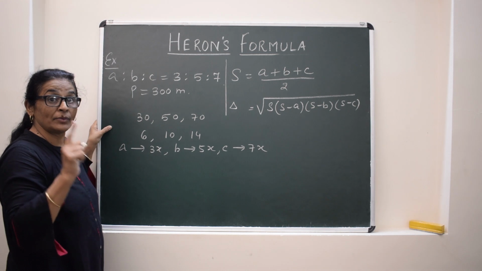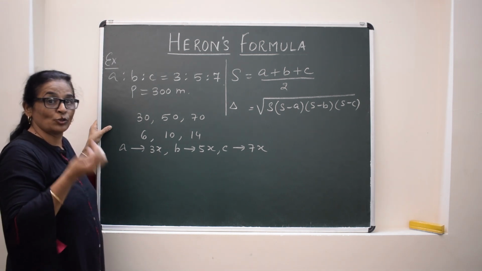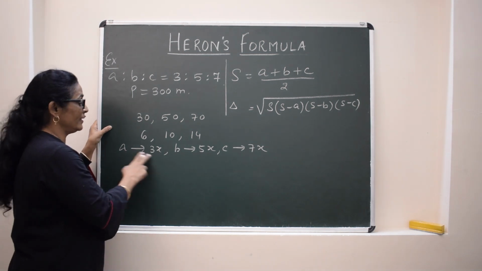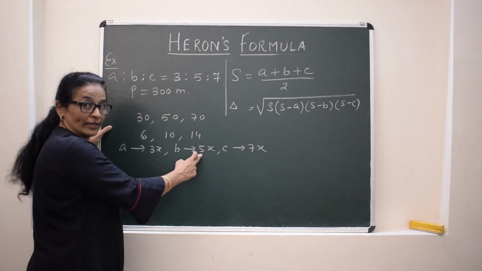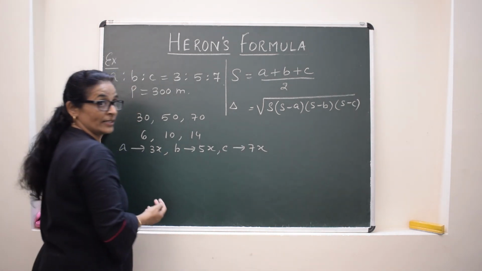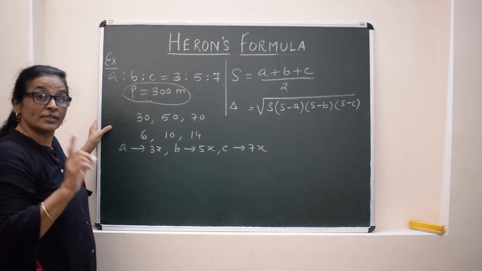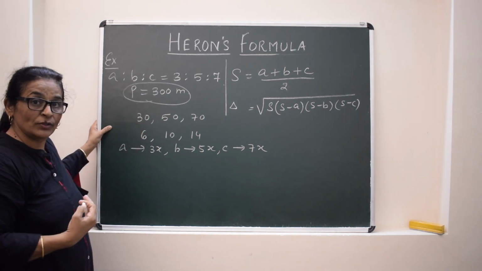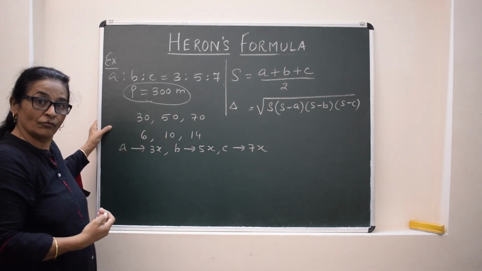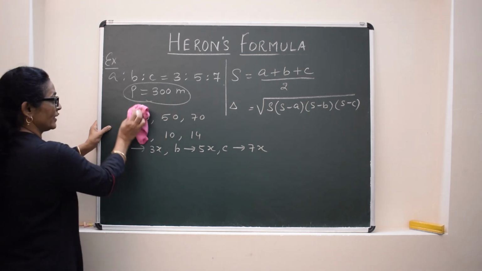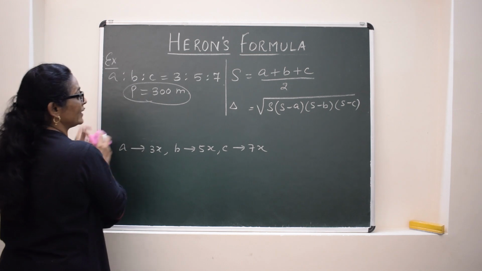This x can be any quantity. So by this assumption, a is 3x, b is 5x and c is 7x. With the help of this perimeter, we will find the sides first, and once we know the sides, then we will apply the formula. So here we have to write, for some x.